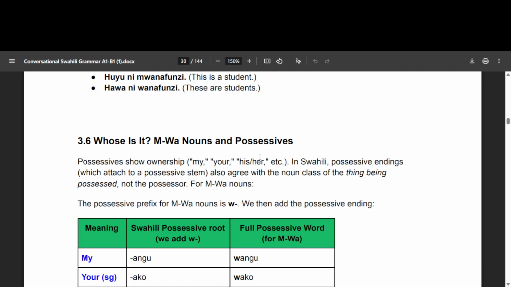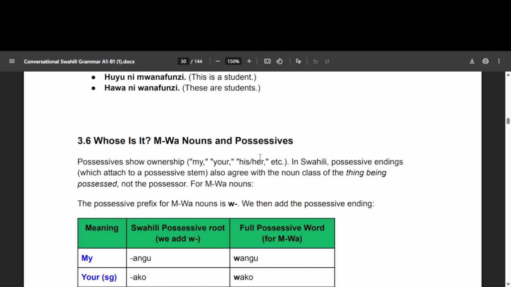In Swahili, possessives have endings which attach to a possessive stem to agree with the noun class of the thing being possessed, not the possessor.